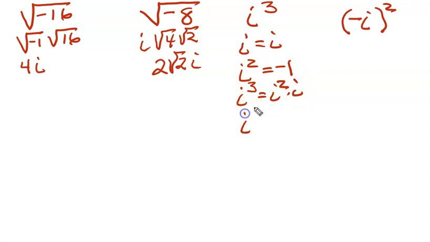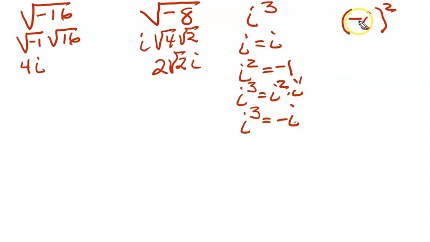So I to the third power equals negative I. Let's go over that again. So I to the third is I to the second times I to the first, in a sense; this is I, this is negative 1. So we don't write negative 1I, we just write negative I.